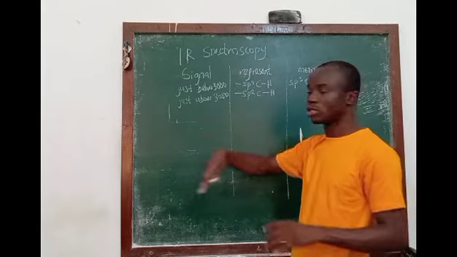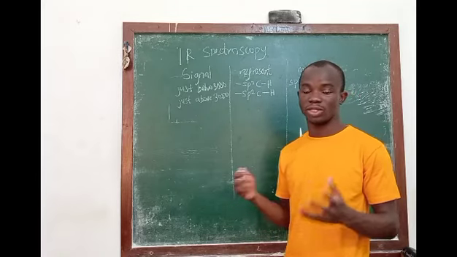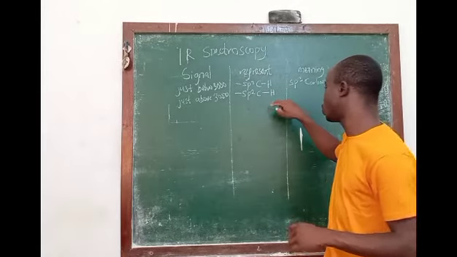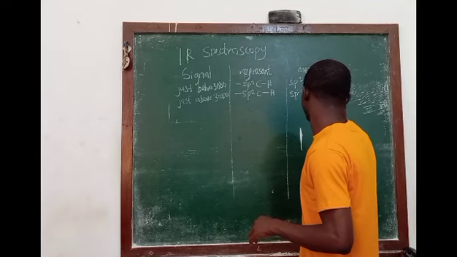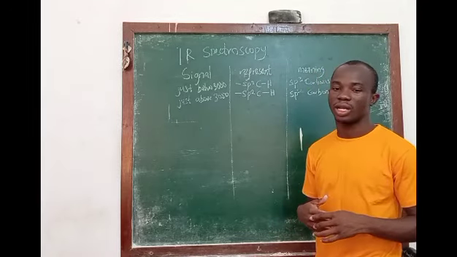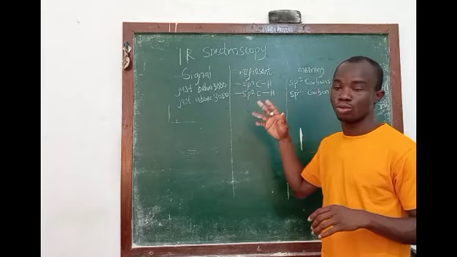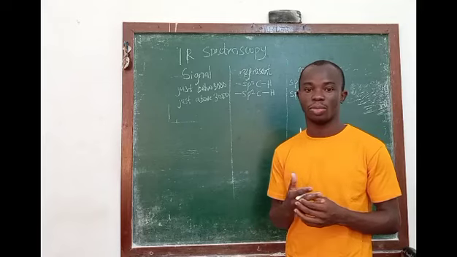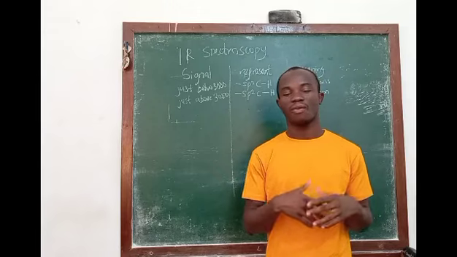So if you see a signal around 3010, 3100, it represents your sp2 CH stretching vibration, and that implies that you have an sp2 carbon in the system. There are different classes of compounds that can have an sp2 carbon. For example, aromatic compounds always have an sp2 carbon, and alkenes always have an sp2 carbon.